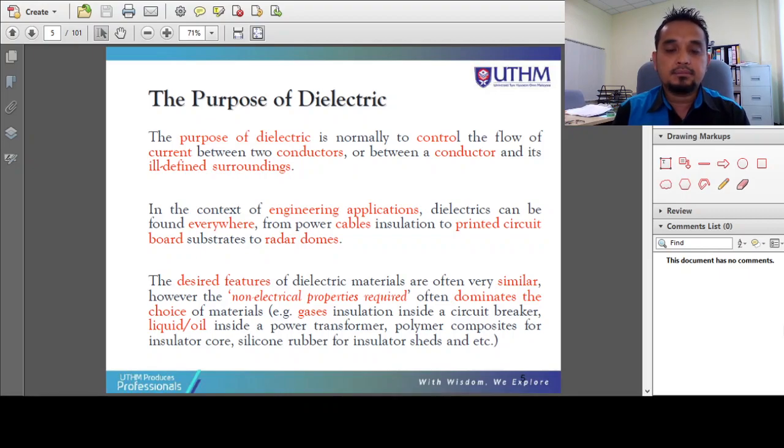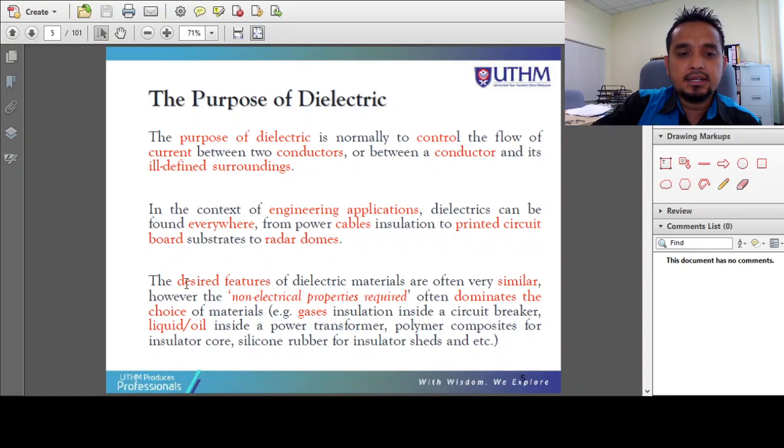The main purpose of the dielectric material is to control the flow of current between two conductors, or to be precise, to prevent the current flow between two conductors, or between the conductors and the surrounding material. It is to provide safety to high voltage equipment and devices, as well as the humans who are dealing with high voltage practice.